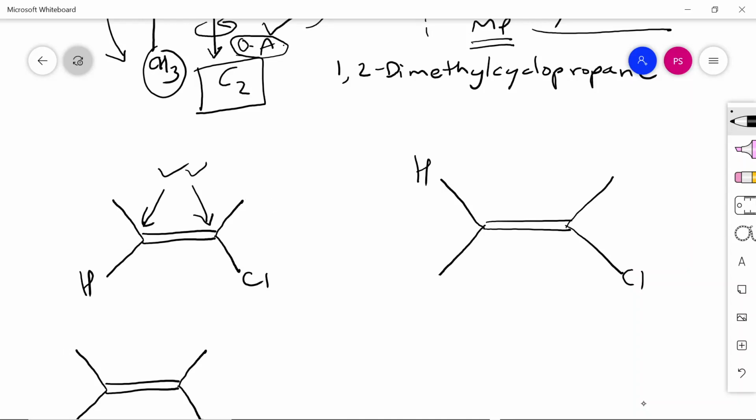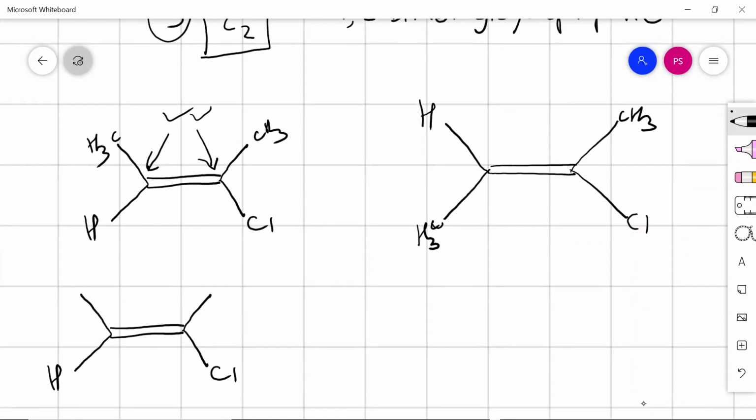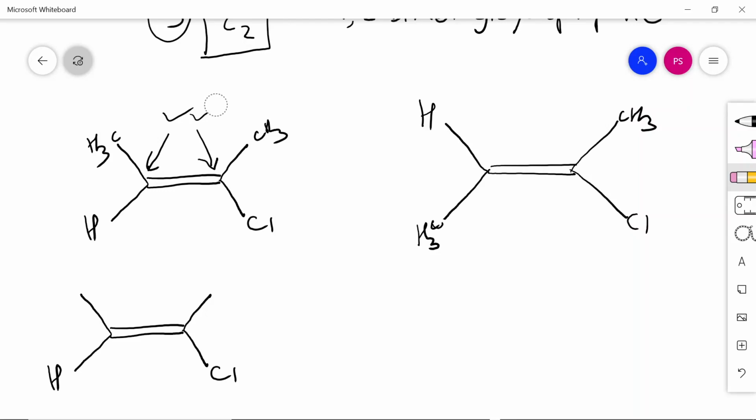Now let's check out whether these two compounds are geometrical isomers or not. Yes, they are geometrical isomers because here CH3 groups are on the same side, and here CH3 groups are on opposite sides. Now which isomer is the Z isomer and which is the cis isomer? How can you find it? Assign the priorities to each and every group around each sp2 carbon atom.